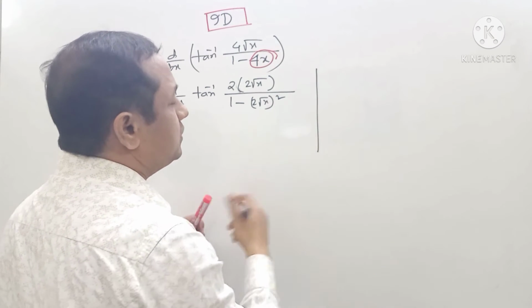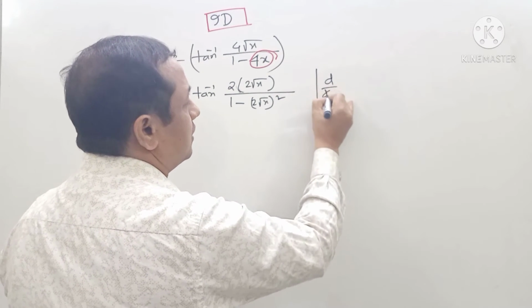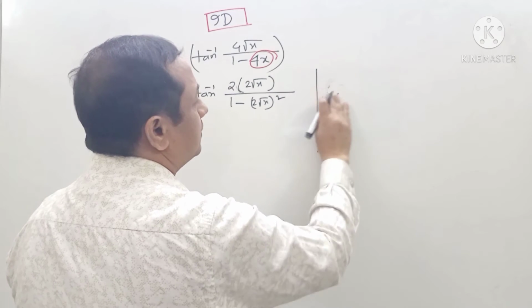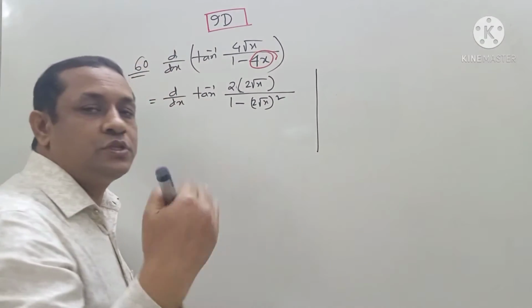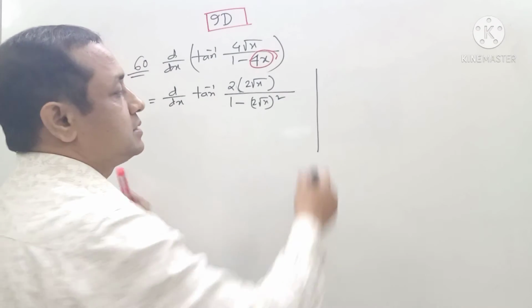Attention please, students. You have learned the formula: 2 tan inverse x equals tan inverse of 2x by 1 minus x square.